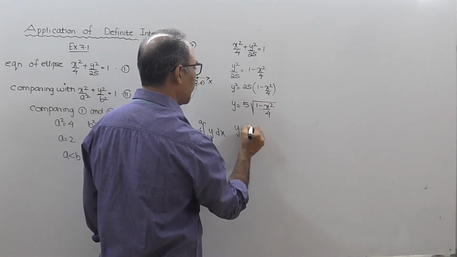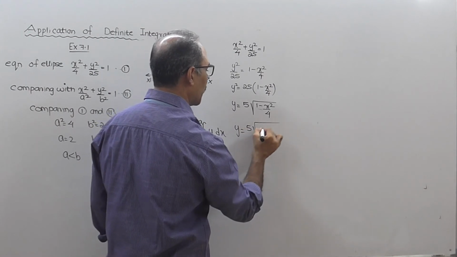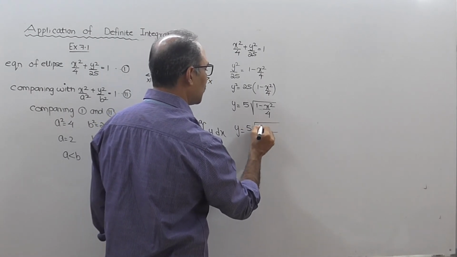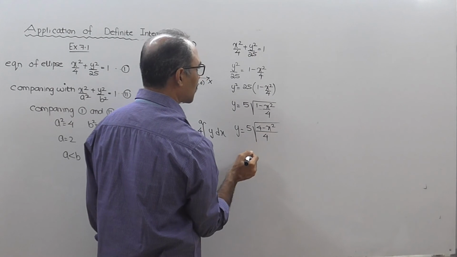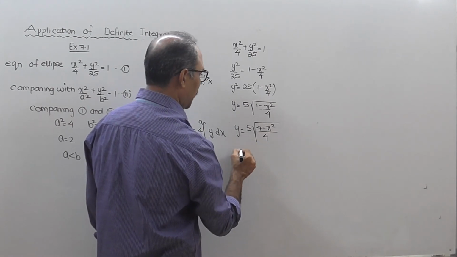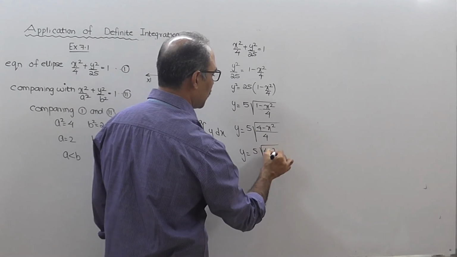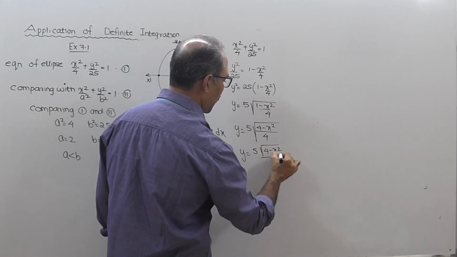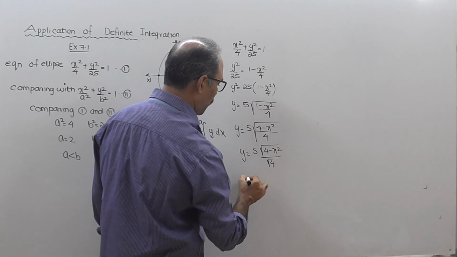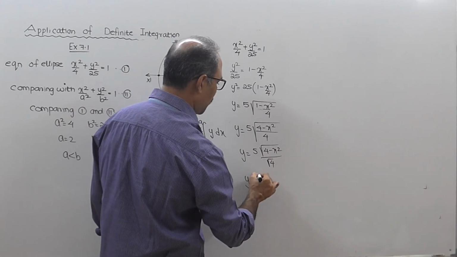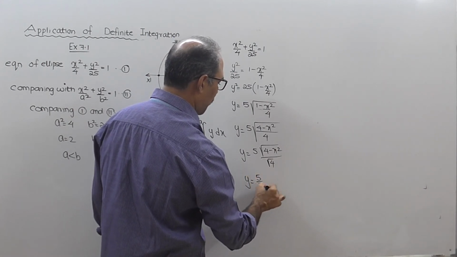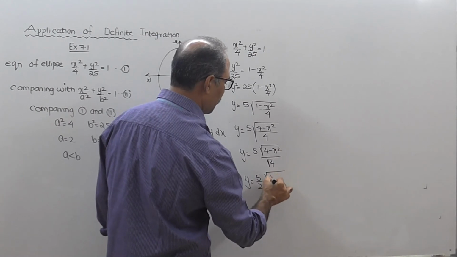Taking 4 as LCM, you get 5 square root of 4 minus x square over root of 4. ऊपर नीचे अलग अलग रूट देना. So your y will be equal to 5 upon 2 square root of 4 minus x square.